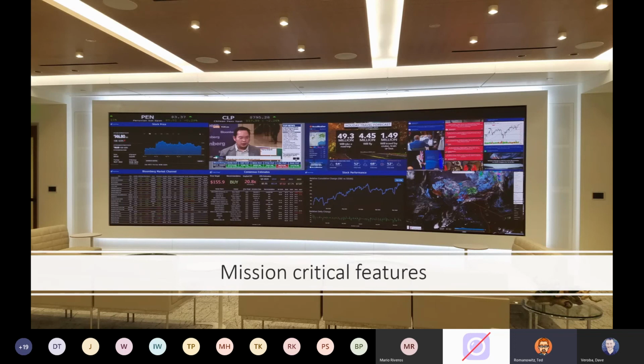So let me talk to you a little bit about that. And this is a utility situation room where all the executive team can come together during a crisis and solve problems, prioritize, and direct resources. So a really good example.